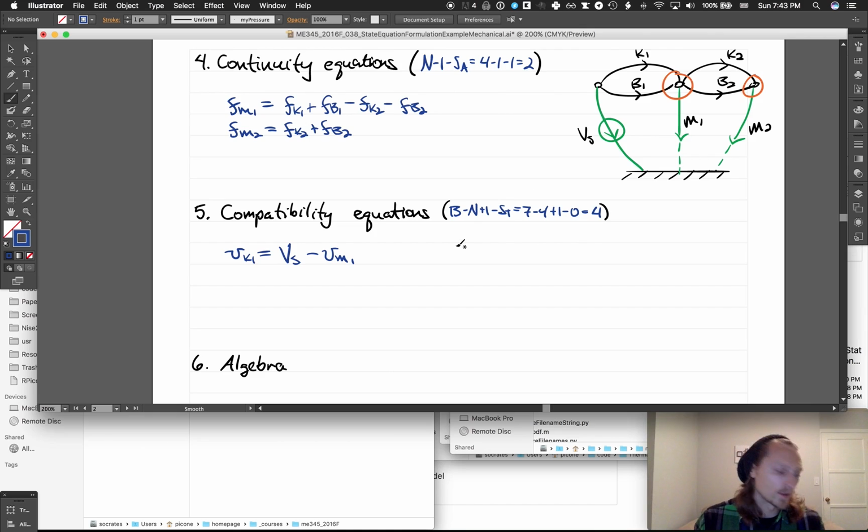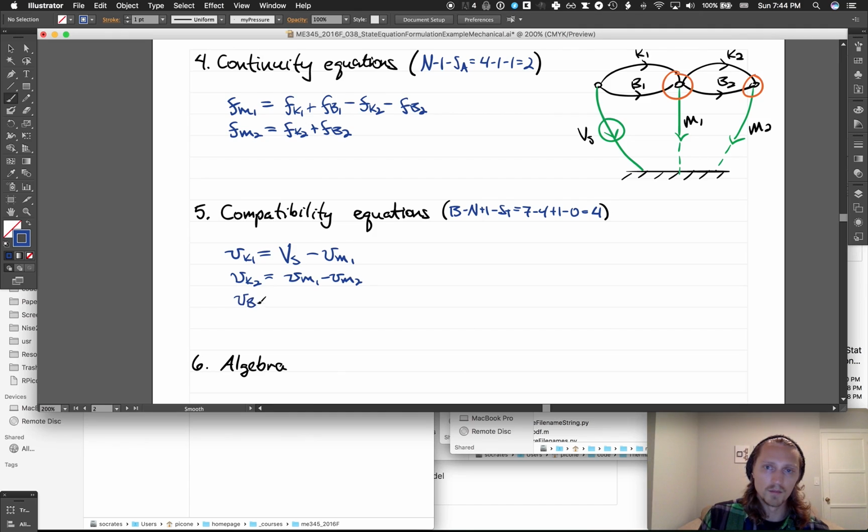Okay, so we can also write the VK2. We could place that one. So VK2 is equal to, so it goes from this node to this node, and the path that gets there along this other path is VM1 minus VM2. Okay, and very similarly with the dampers as well.